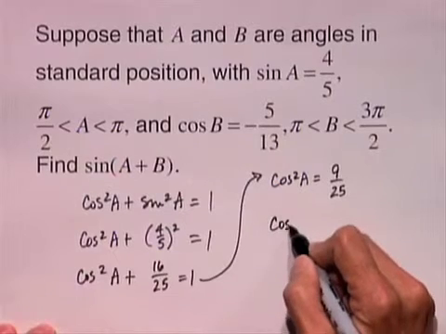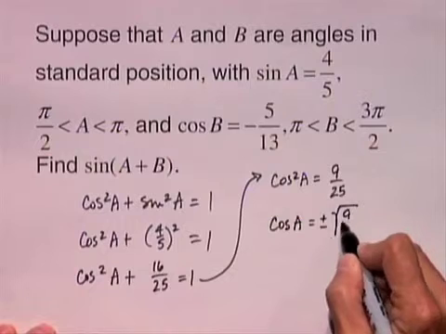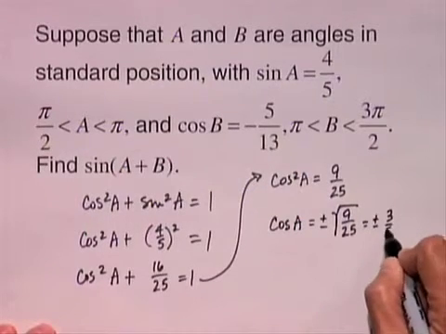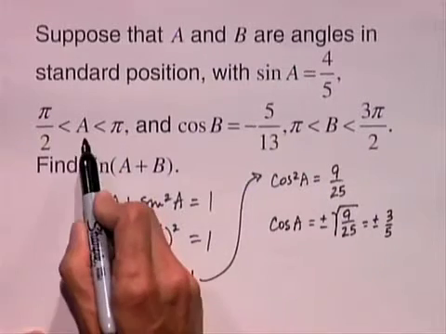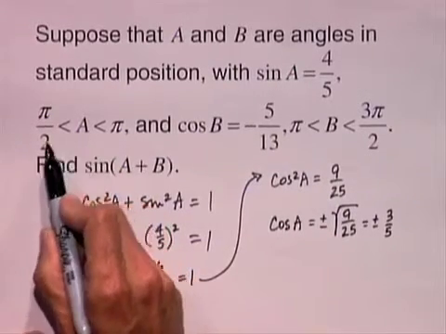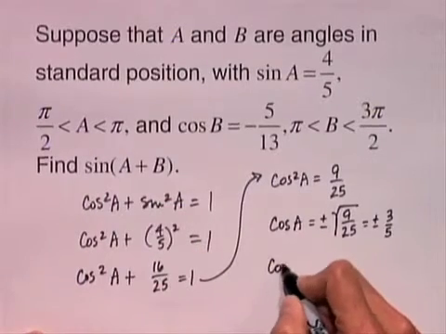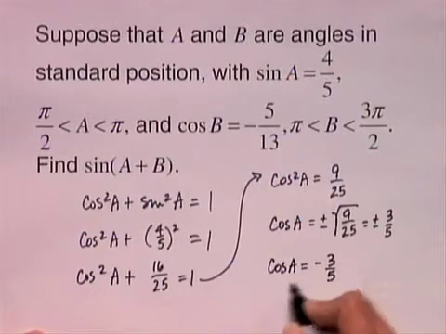Now I have to think through. Cosine A is both positive and negative, the square root of 9/25, which is both positive and negative 3/5, and I need to decide which of these to keep. So I look back here and I see that A is in quadrant 2, cosine's negative in quadrant 2, so cosine A is negative 3/5.